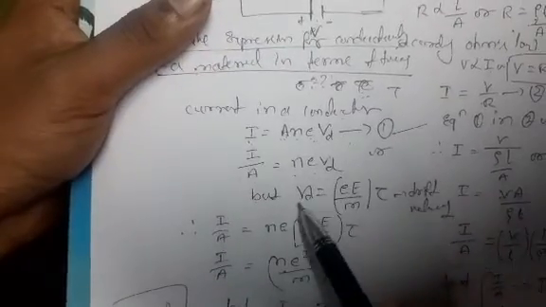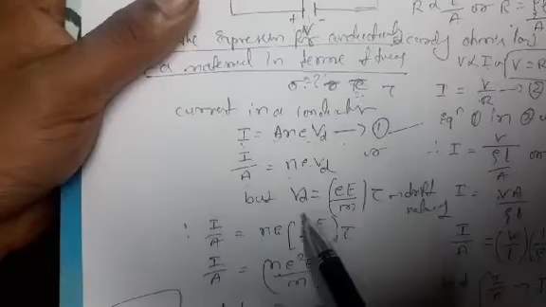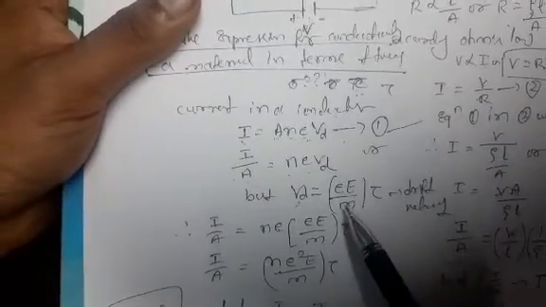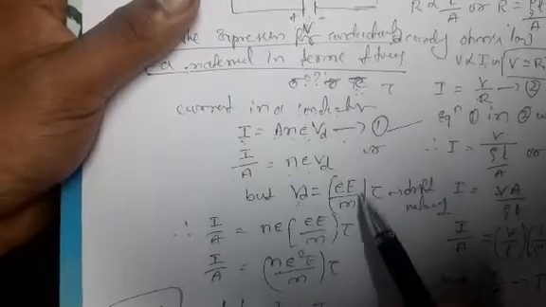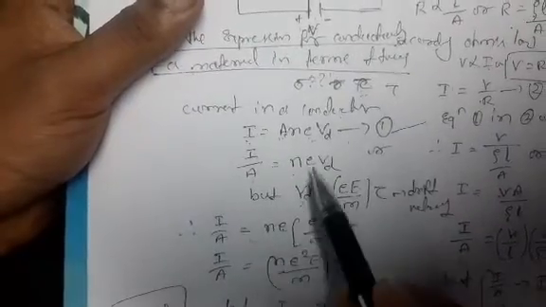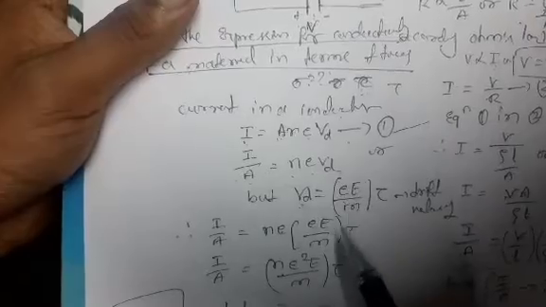In earlier classes we already discussed the drift velocity equation: Vd is equal to e E by m into time. I by A equals N e times the drift velocity, so I by A is equal to N e into e E by m into time.